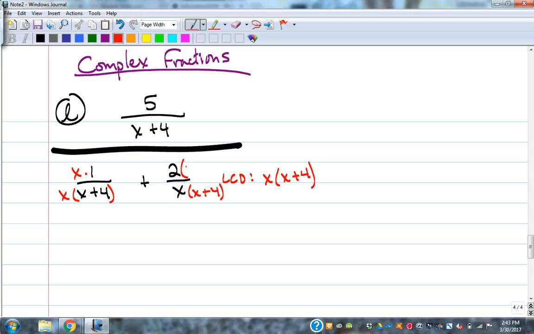X plus 4. That's going to give us x over x plus 4 plus, well, let's just write it as one fraction now, plus 2x plus 8.